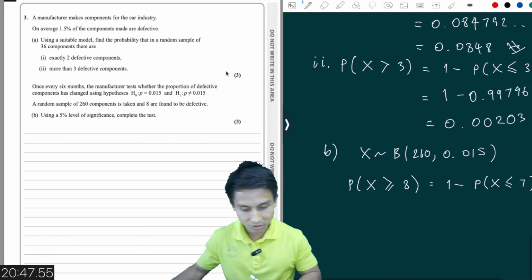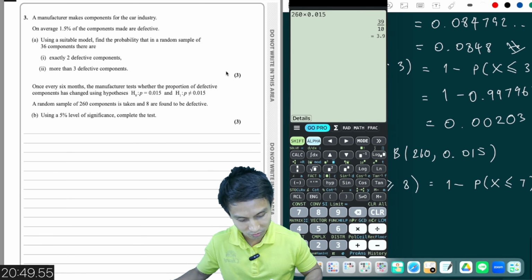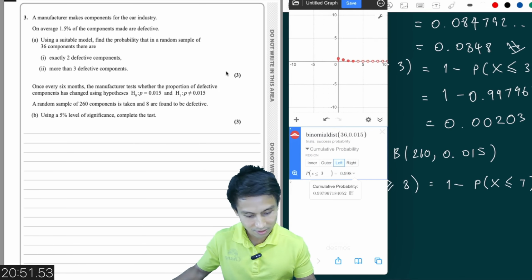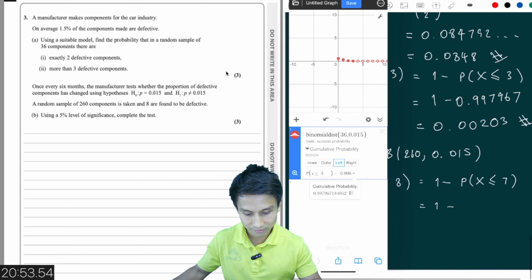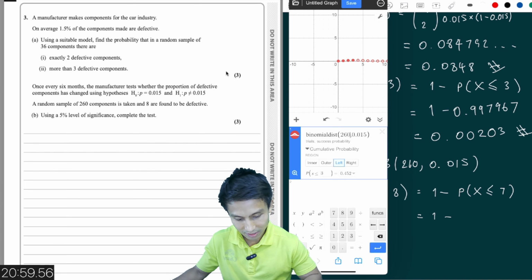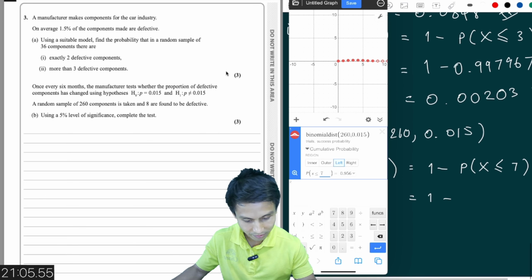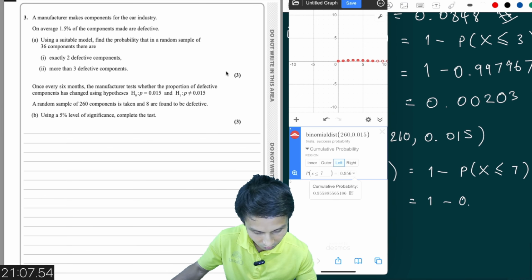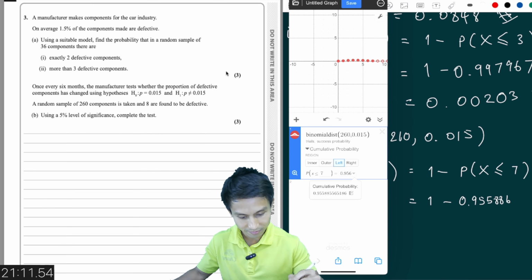And again, I'm just going to use Desmos again. Let's see, okay. 1 minus. Now I need to change that to 260, yeah? Same probability there. And the left, and then I change that to 7. So I get 0.955886 there.